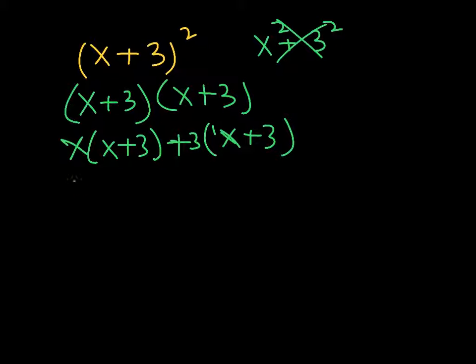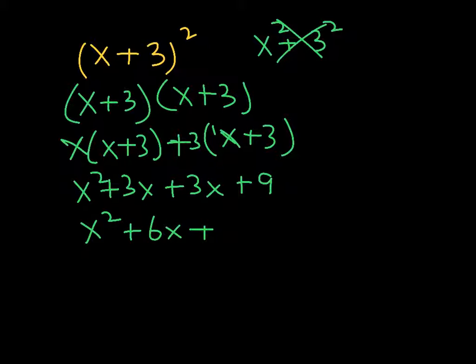Okay, x times x, that is x squared, x times 3, that is 3x, then plus 3 times x, that is 3x, plus 3 times 3, that is plus 9. Okay, so that is x squared, 3x plus 3x is 6x, plus 9. Now, what do you recognize here? What we have is called a perfect square.